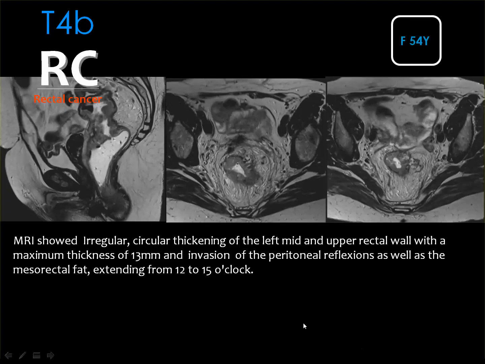Then stage T4b means that the tumor has invaded the peritoneal structures as well as the adjacent organs, as you will see. Then here you see the mesorectal fascia, and there is significant perirectal invasion.